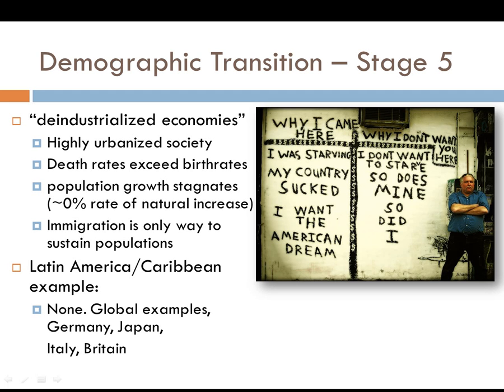Many European countries have reached this stage and not allowed immigration, and they're actually suffering economically as they continue to maintain a closed door policy to immigration, especially in Italy and Germany. Japan is similar. Britain's a little bit more open, and because of that, they have a slightly stronger economy, right?